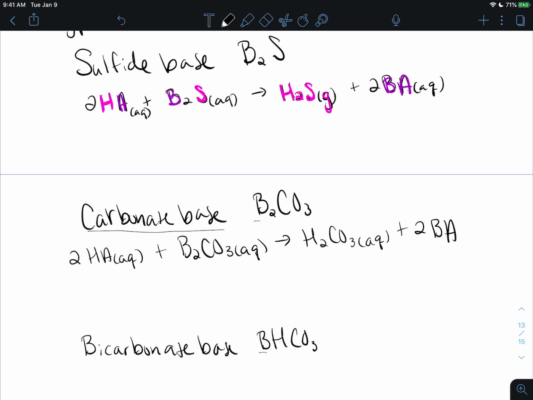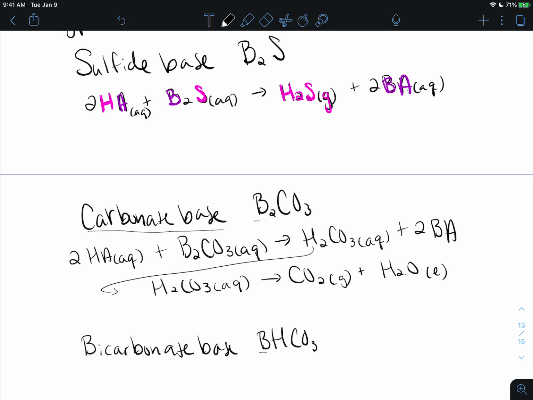The carbonic acid then breaks down into carbon dioxide, which is our gas, and water.